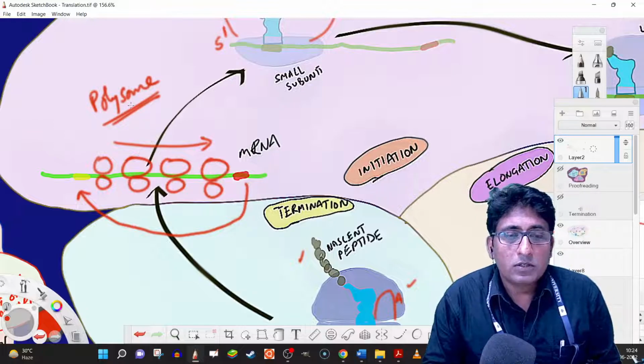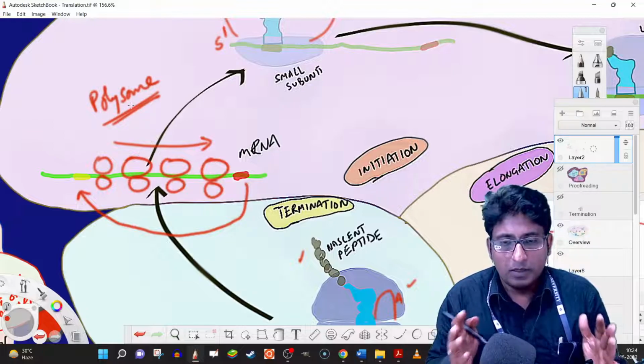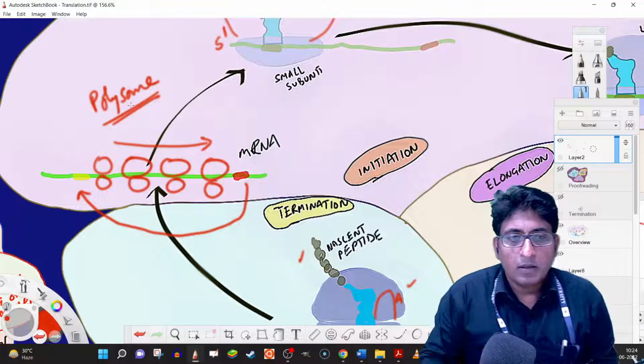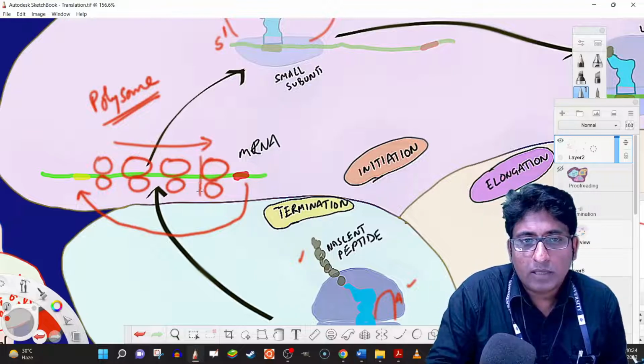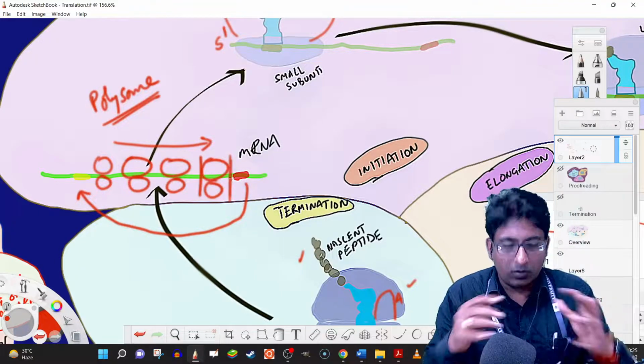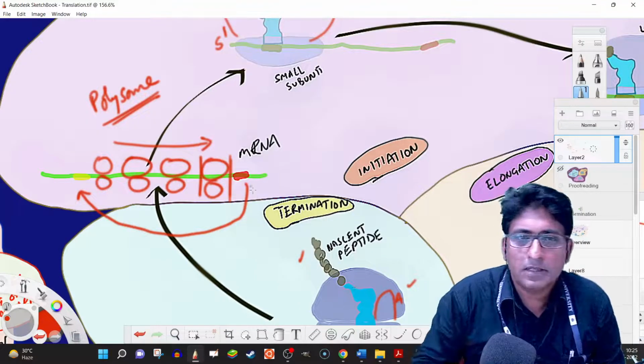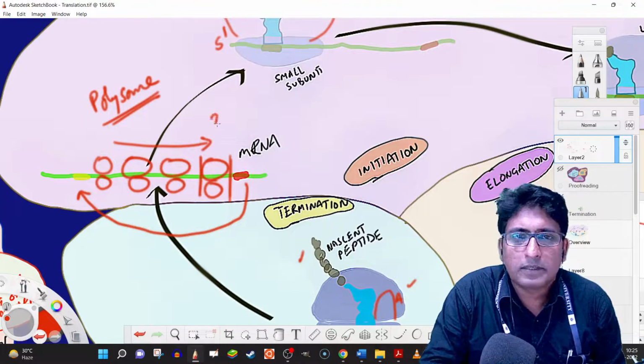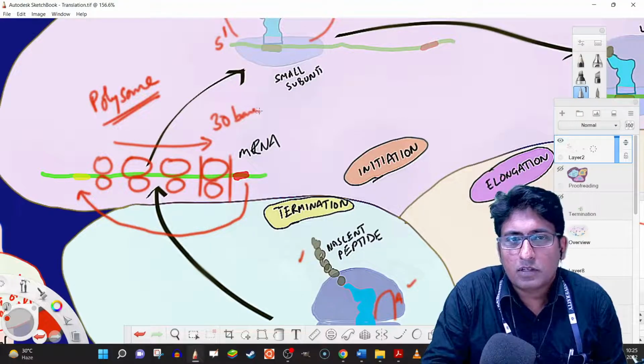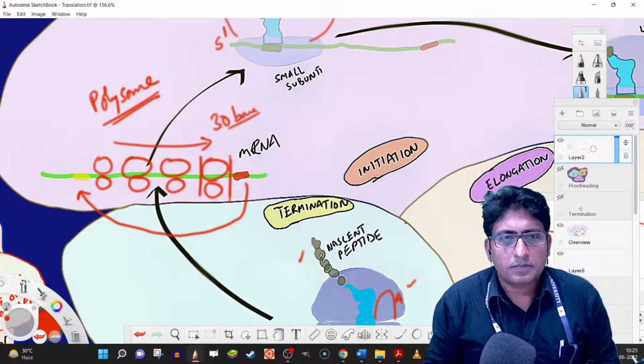And we can also have about, at least in E. coli, the amount of space that a ribosome occupies on the mRNA, or how much of it is covered, is approximately 30 to 40 bases.